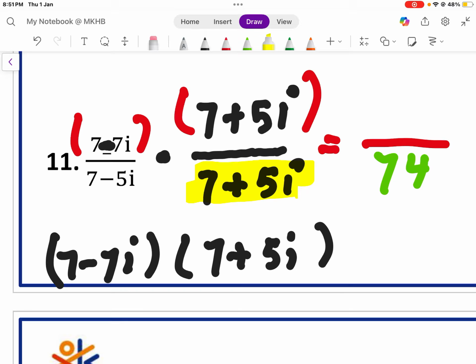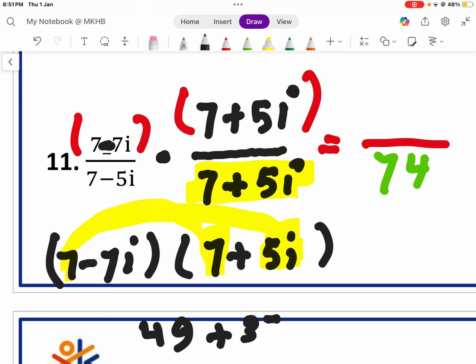I do what I learned before. The 7 will multiply by 7 and by 5i, and this gives me 49 plus 35i. I'm done from this.